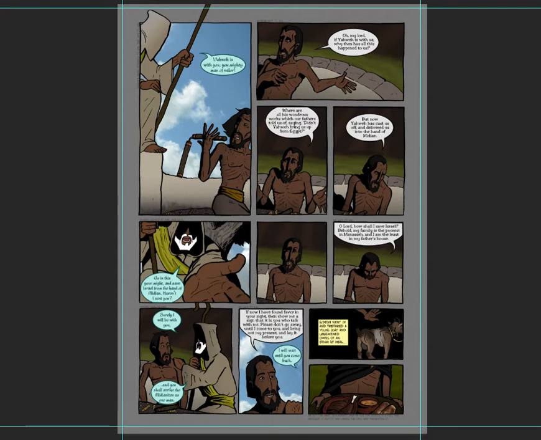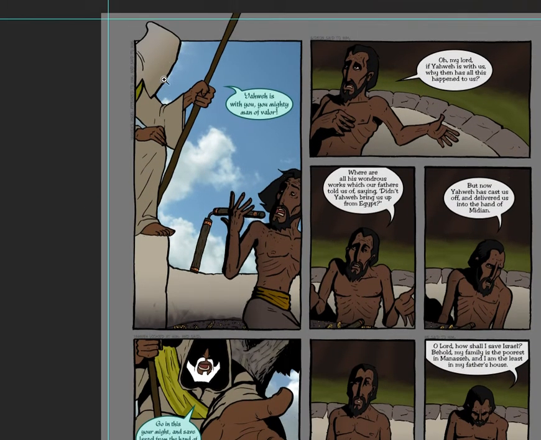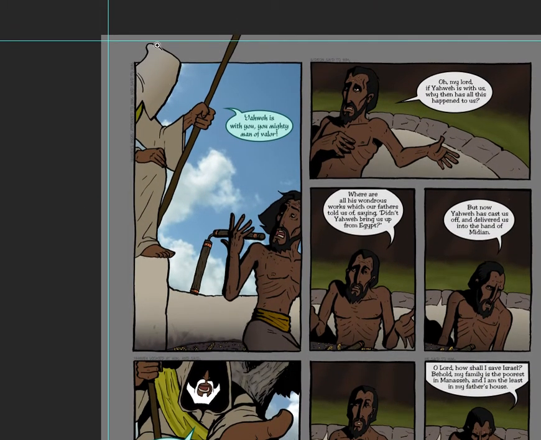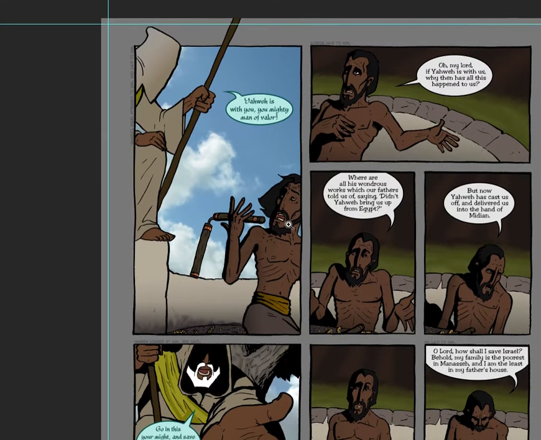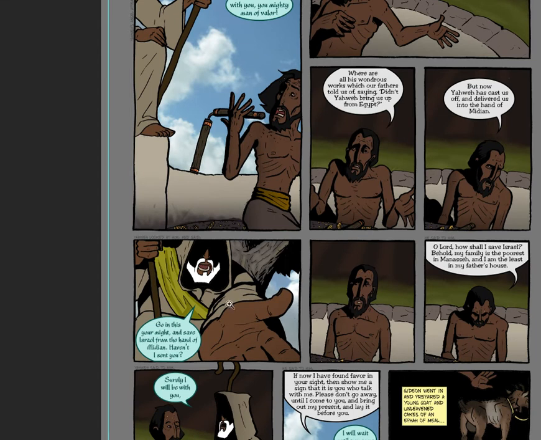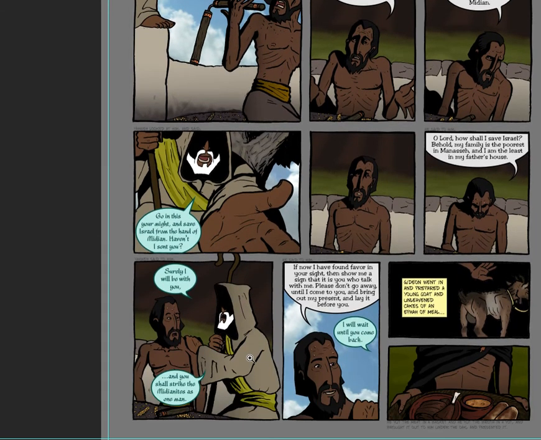So we can see here the angel of the Lord. And you can see here that he's going out of the panel, and the point of it is, it happens a few times, happens here, he's sort of out of the panel there.